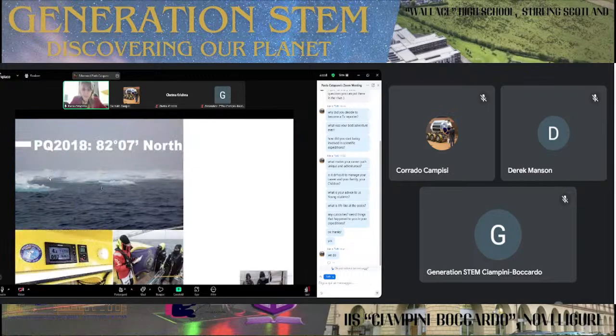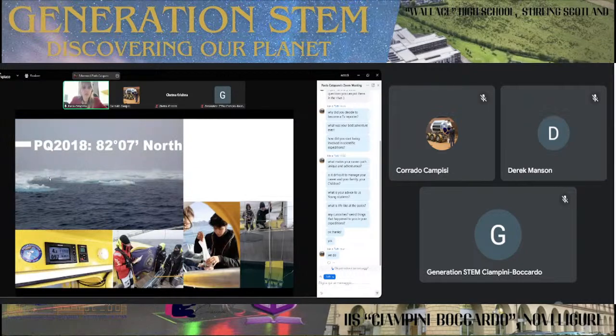Let me go further. What we did during the expedition, we reached the polar ice shelf. We measured cosmic radiation as close as possible to the poles. We sampled microplastic in the sea all along the trip, including on the ice shelf.